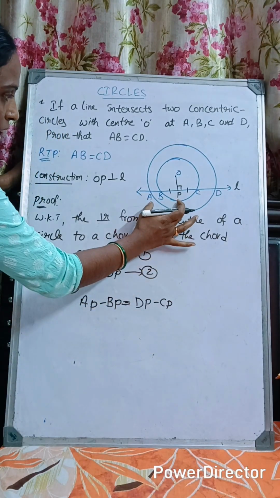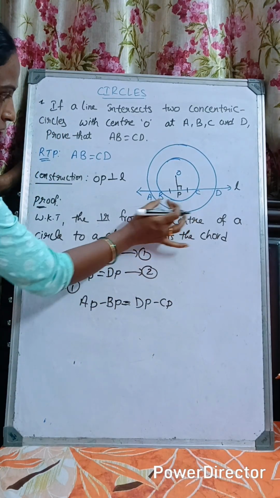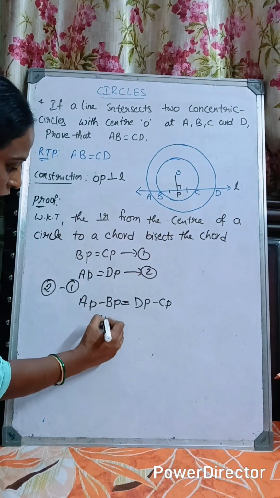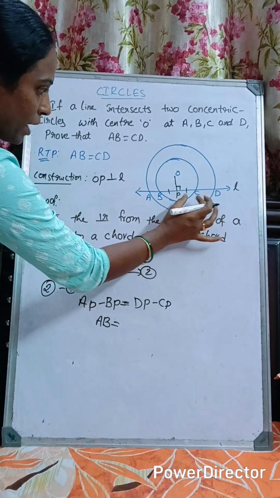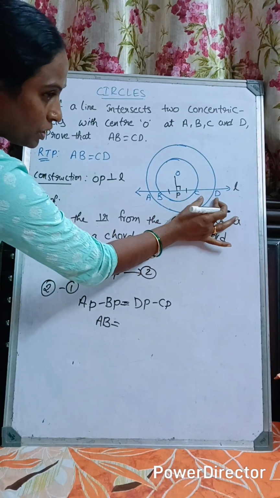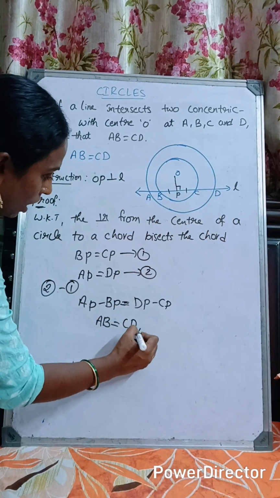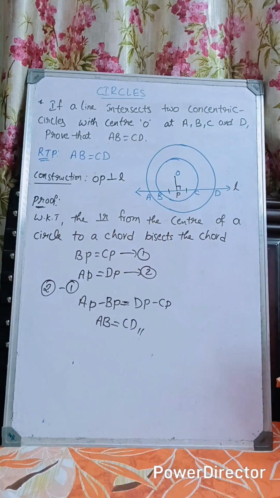AP minus BP is nothing but what from the figure? AB. And DP minus CP is nothing but CD. So what is required to prove? AB is equal to CD.